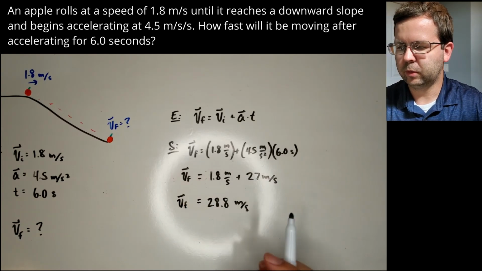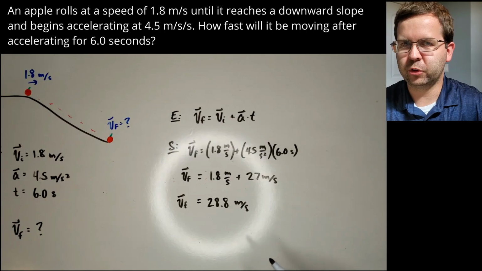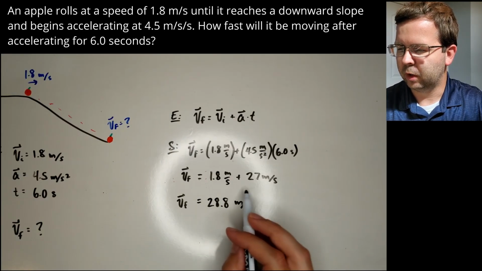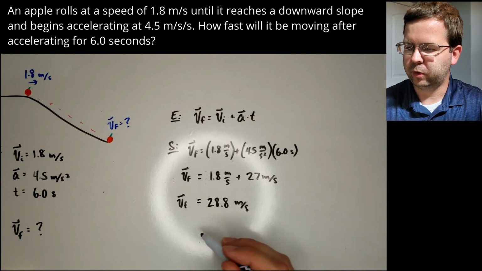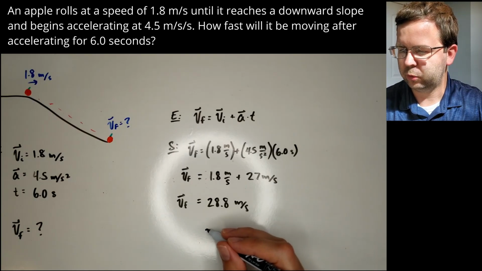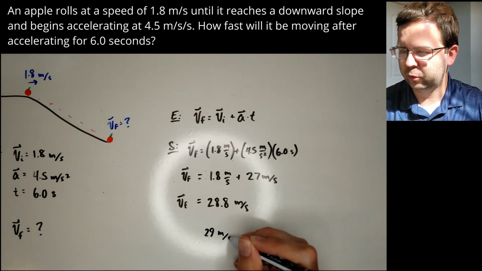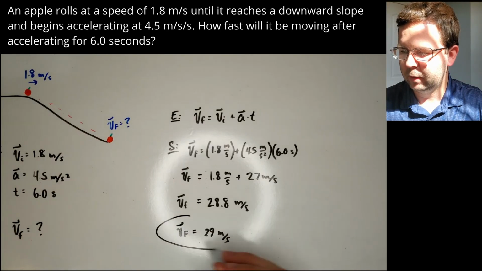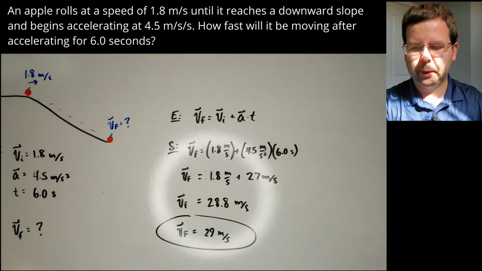Let's make sure that we're accurately keeping track of our precision here. We're being honest about how precise our measurement is. And we have no decimal places here, so this is going to round up to 29 meters per second for our final speed. So it's sped up quite a bit.